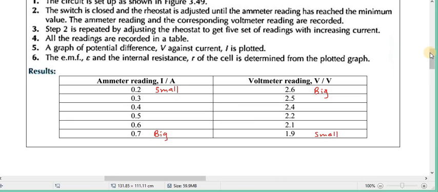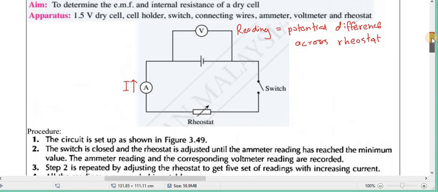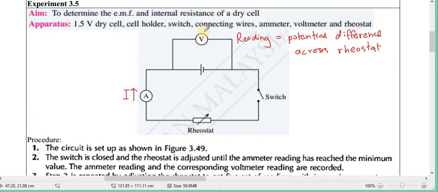The reason is, like what I said just now, the reading shows the potential difference across the rheostat. So how can you make the current become bigger and bigger? You need to decrease the resistance, right or not? You need to adjust the rheostat so that the resistance of the rheostat becomes smaller and smaller.